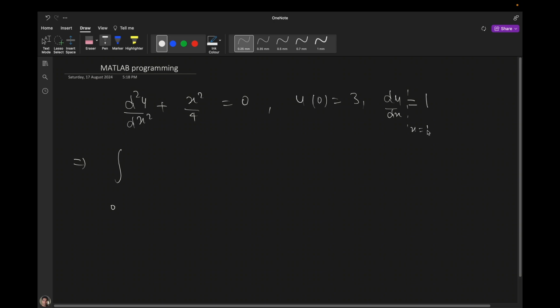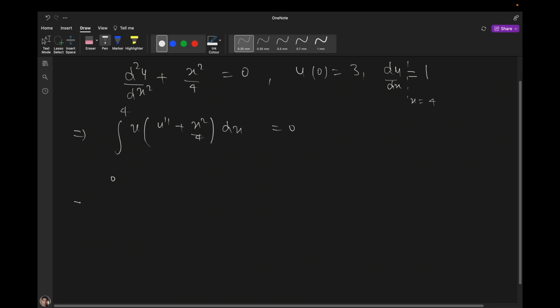x equal to L. Okay, L can be anything, suppose L is 4 in this case. So 0 to 4, and I will multiply by the variation v, and this is u double dash plus x square by 4 dx equal to 0.